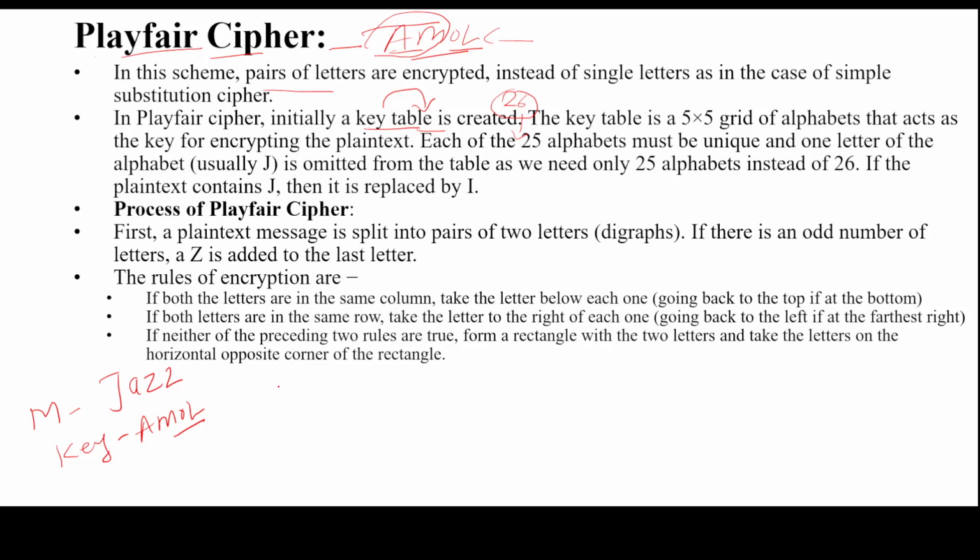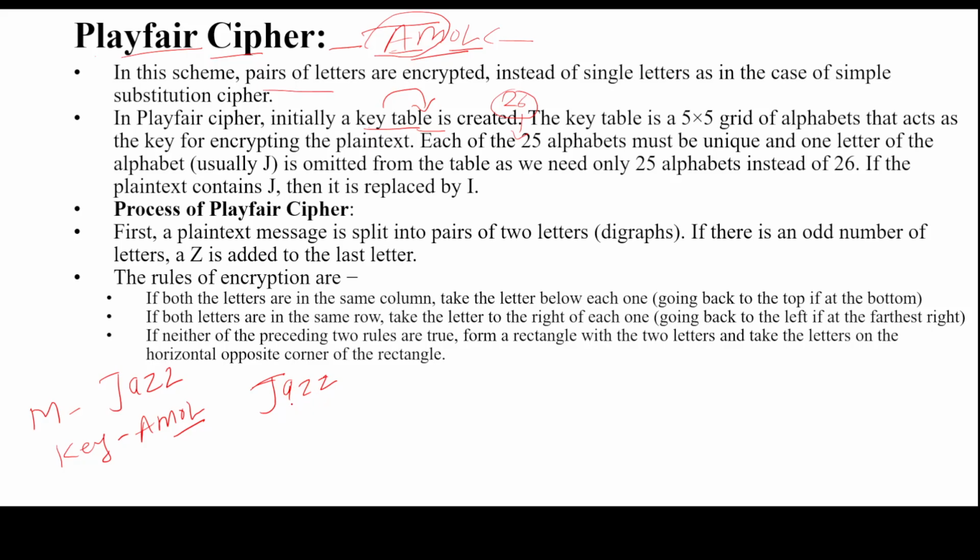So let's consider our original message again, JA double Z. So make pairs. There are some rules for making the pair. If similar letters are there, in that case, along with the letters, we have to append X.